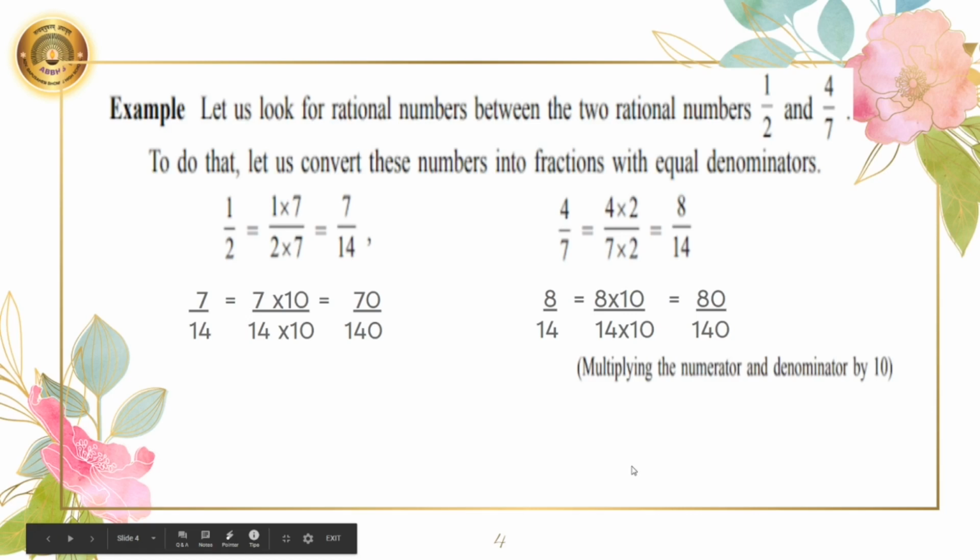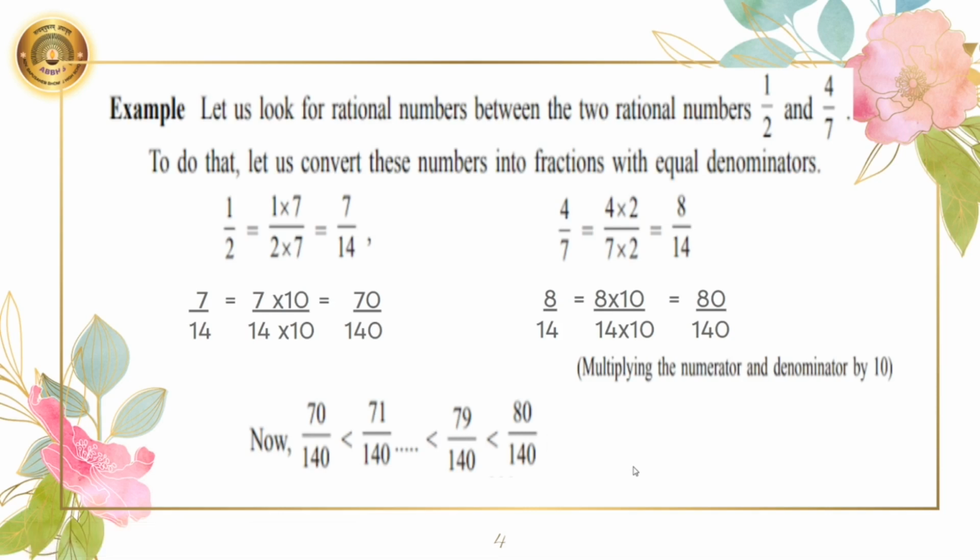So, in other words, you will get numbers between 7/14 and 8/14. So, you see that between 70/140 and 80/140, you can write numbers like 71/140, 72/140, 73/140, etc.